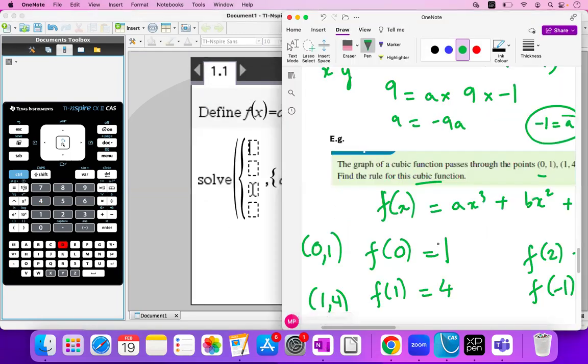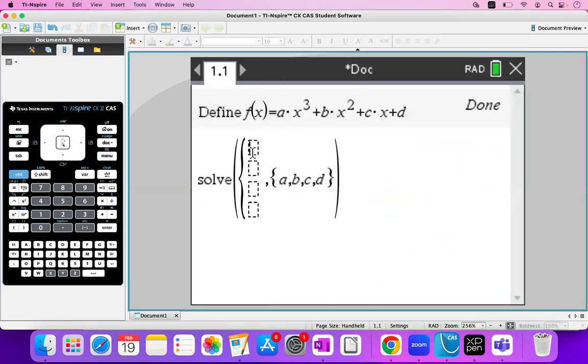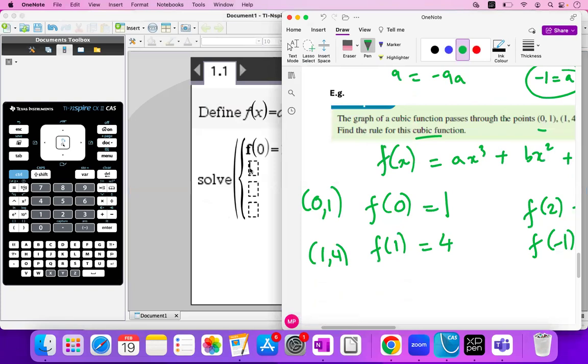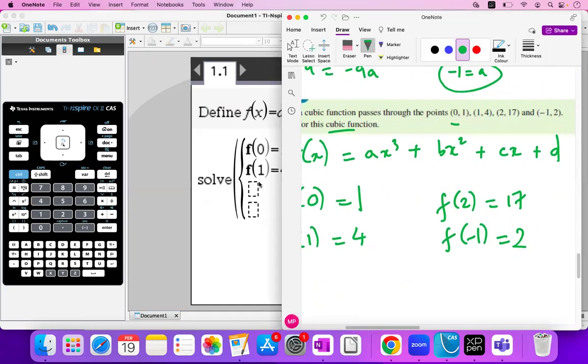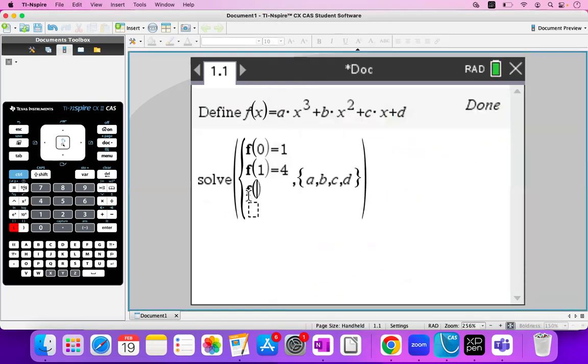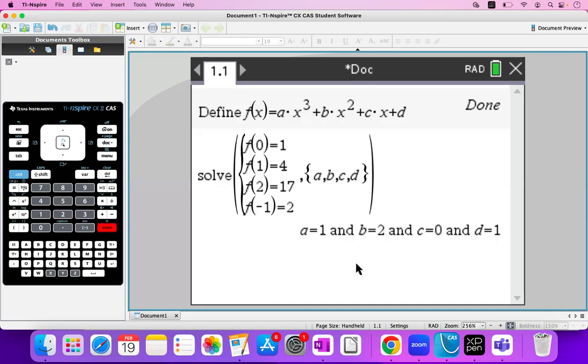So the first point I have is f(0) = 1. Then the second point is f(1) = 4. Then the next one is f(2) = 17. And f(−1) = 2. And when you enter, they give me A, B, C, D.